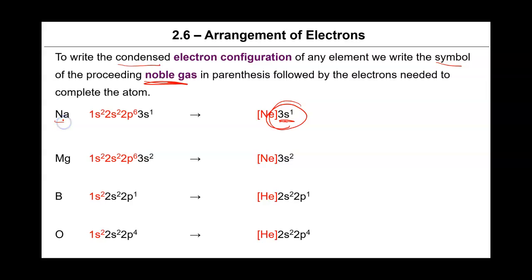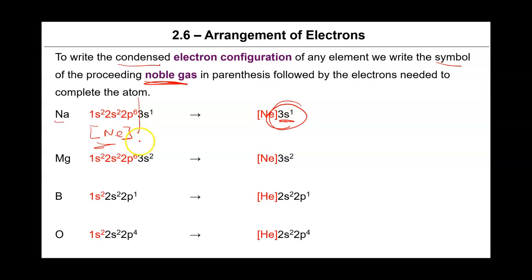So here's sodium. It has a total of 11 electrons. The first 10 are the same as those found in the preceding noble gas, neon. So instead of writing out 1s2, 2s2, 2p6, we're just going to write out the symbol for neon in square brackets.